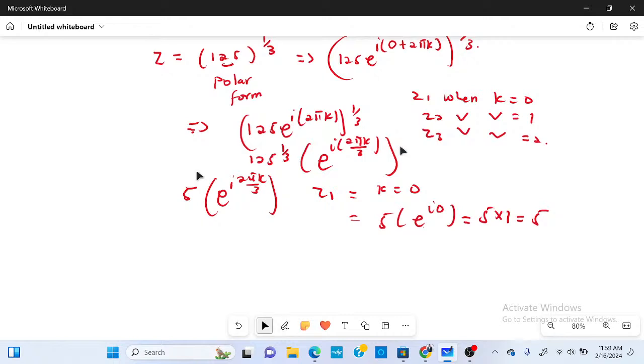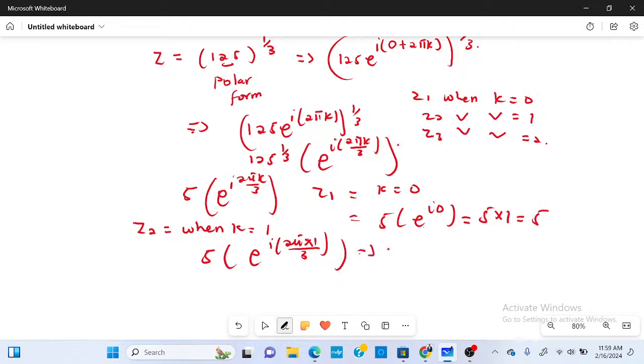Then the second root, z2, is when k is equal to 1. We'll get 5 multiplying e to the expression i 2 pi, then k is 1, everything on 3. So this gives me 5, then e to the power 2 pi on 3 i.